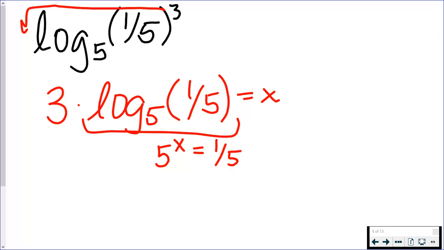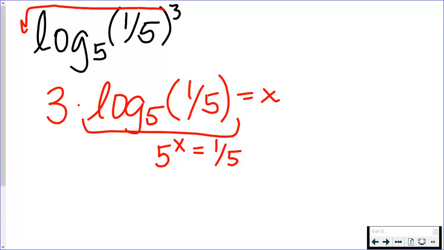So we need to figure out 5 to what power is equal to 1/5. Because I'm going from whole number to fraction, I know I need to have a negative. So focusing on just the denominator, going from 5 to 5, that would be to the 1st power.